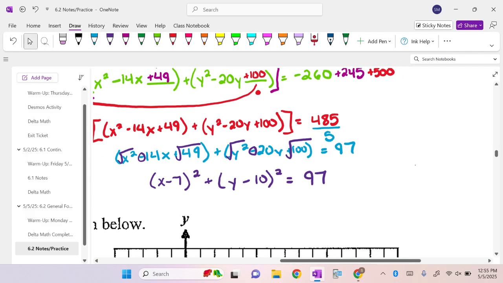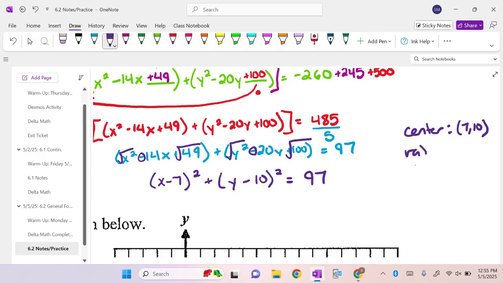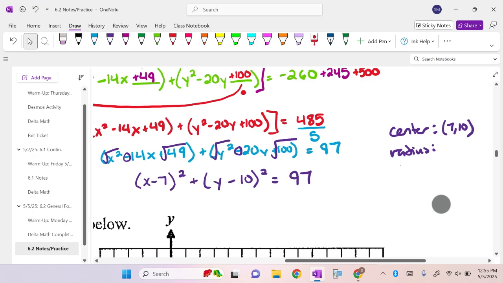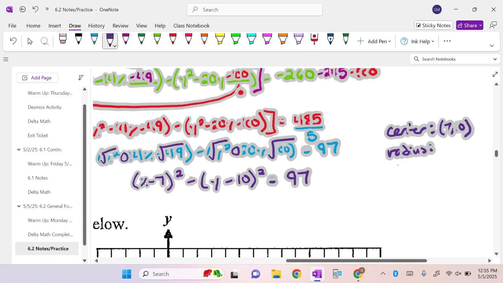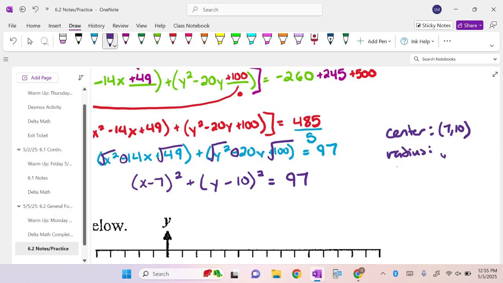So very quickly, what's my center? 7, 10. What's my radius? 97 is obviously not a perfect square, so we can just leave it as what? Not 97, but square root of 97.